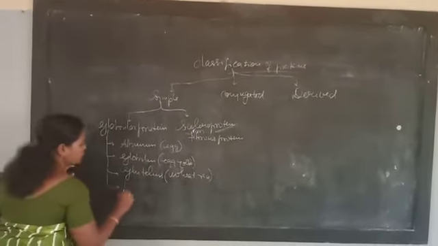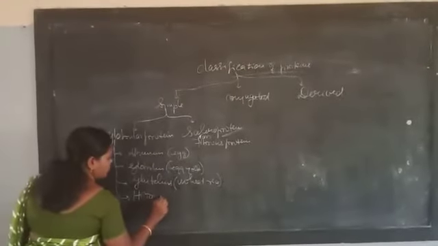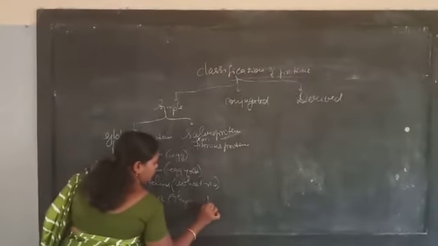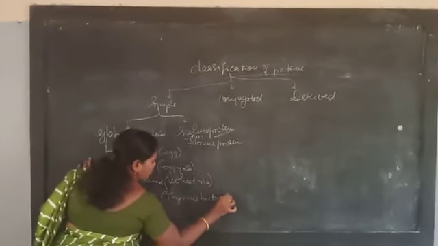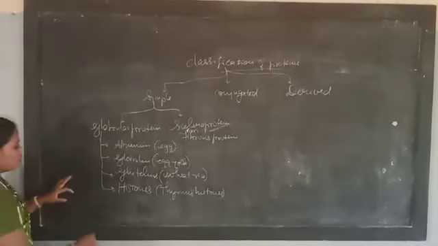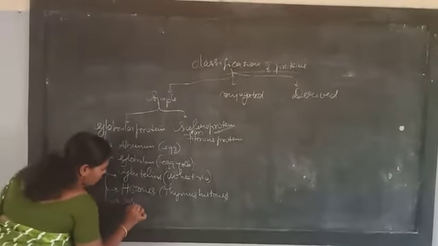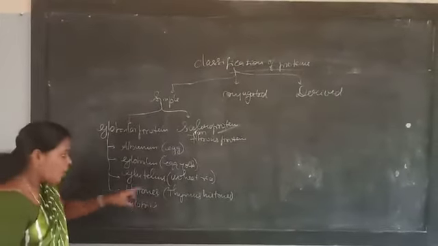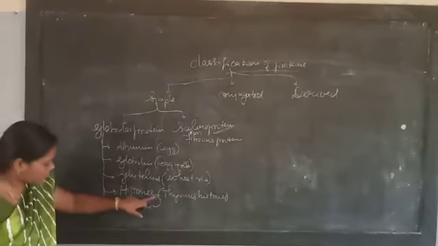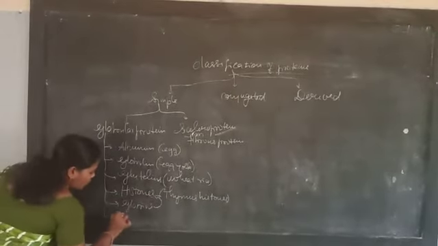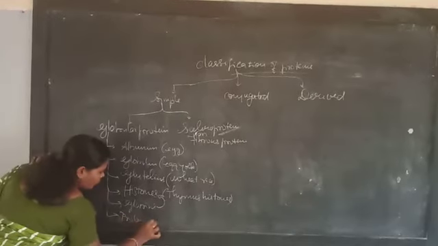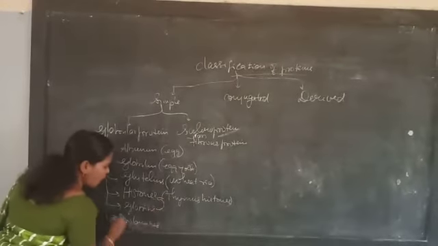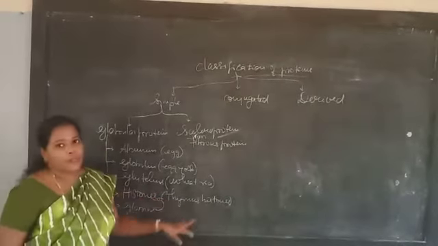Then histones, for example thymus histones. The next one is globins, which are considered along with histones. And the last one, prolamines, is also referred to as histone. So these come under the histones. An example is thymus histone.